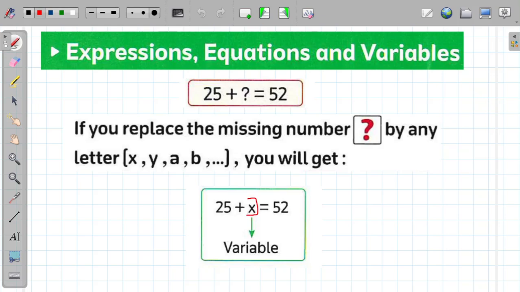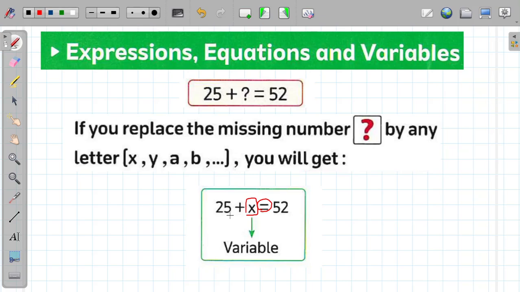This letter here or this symbol here, we can call it a variable. Okay, so here I have two sides or two expressions. The first one is 25 plus X and the second one is 52, and we have an equal sign between the two expressions. So I can say this mathematical sentence is an equation.